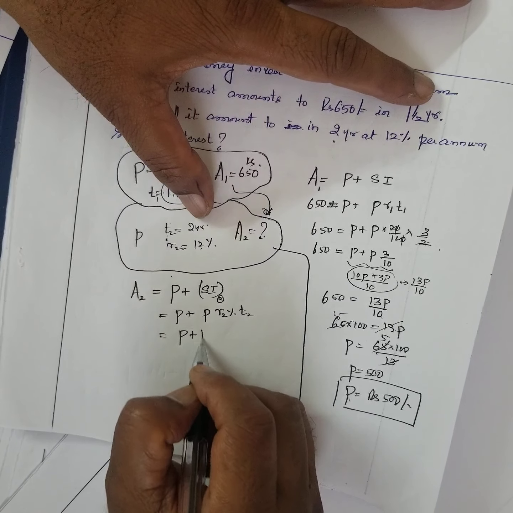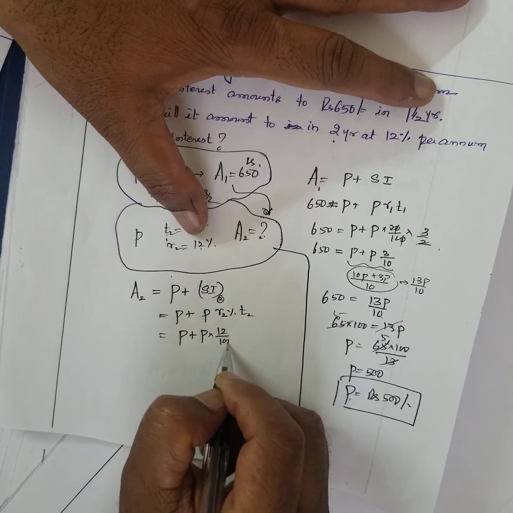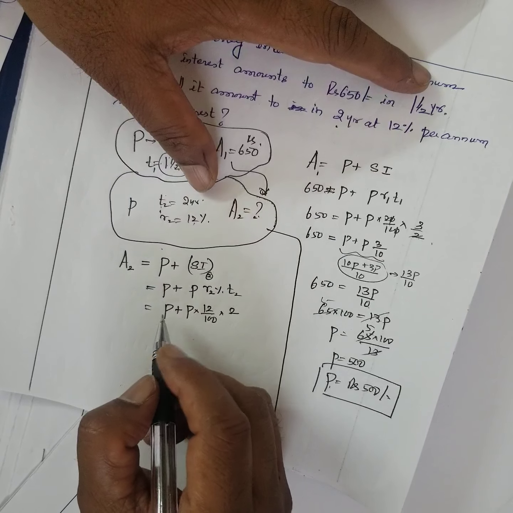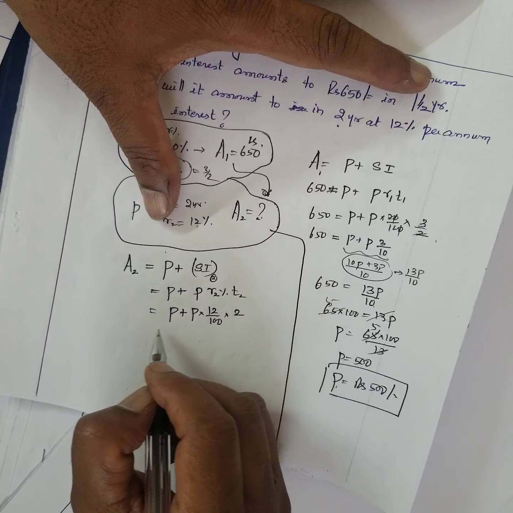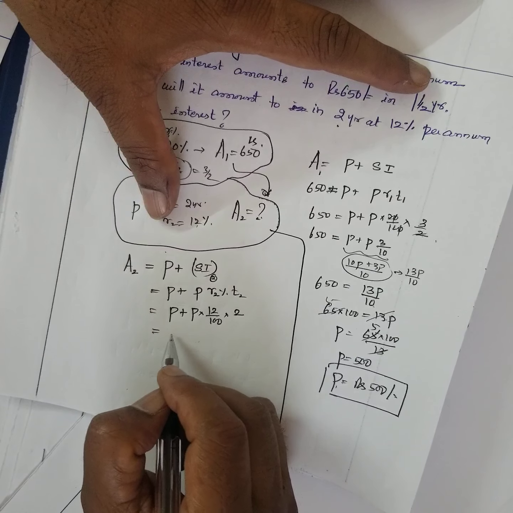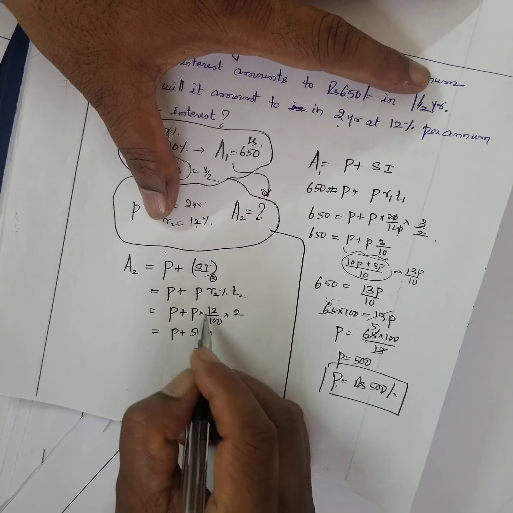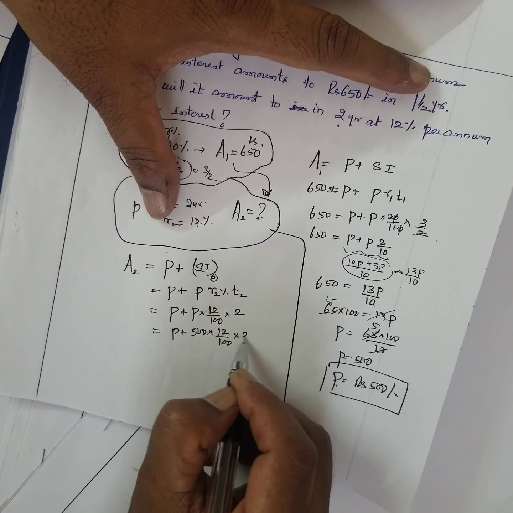P plus P rate is how much? 12 by 100 into T2, which is 2. Here P is 500, 500 times 12 by 100 into 2.